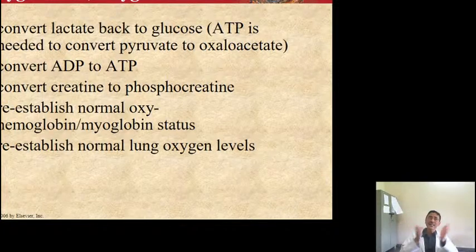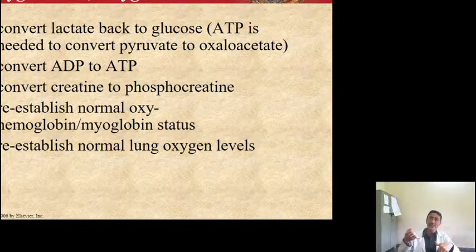Once the exercise is over, these PO2 levels have to be brought back to normal, and that happens after exercise during rest. So this is how the oxygen debt is needed. The oxygen debt is nothing but the extra amount of oxygen that a person has to breathe after a physical activity or a bout of exercise is over, so that the oxygen is utilized to replenish the chemical substances back to normal.